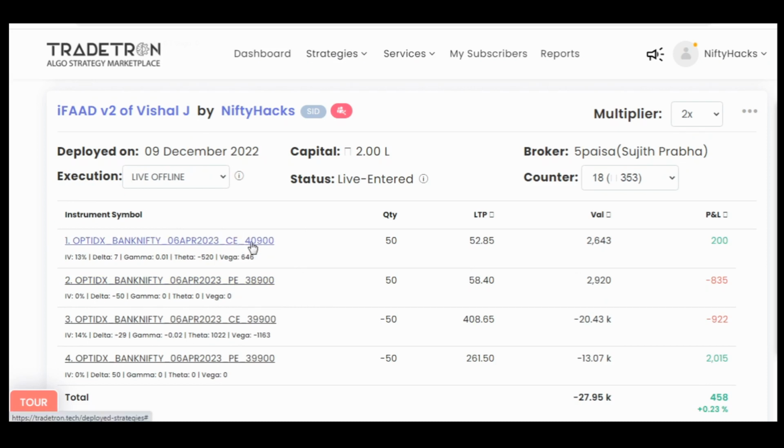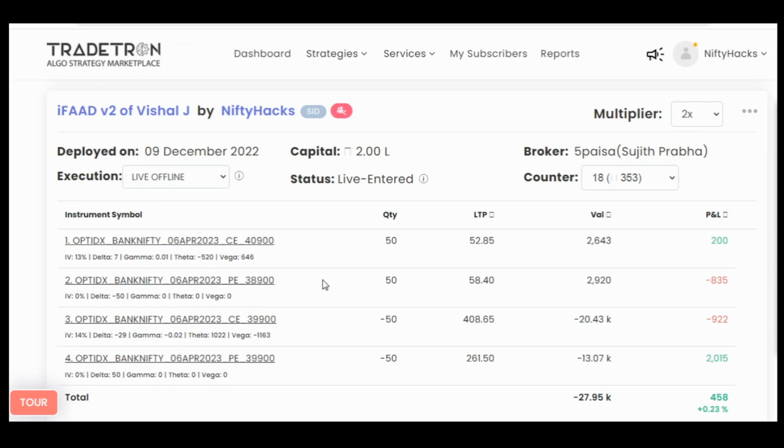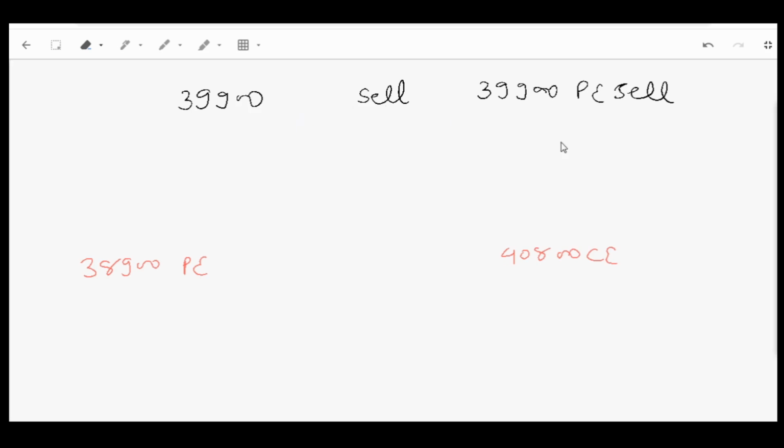So now let's take an example of this week's trades only, and try to understand the strategy better. As we can see here, we have short sell legs of 39,900 call and put. So let's add them, right? These both legs we have sold, and we have bought hedges at 38,900 put and 40,900 call, and let's interchange call and put here. So here we will keep put, here we will put call, right?